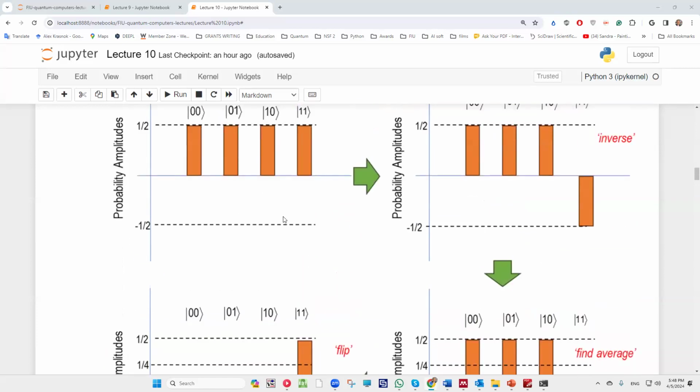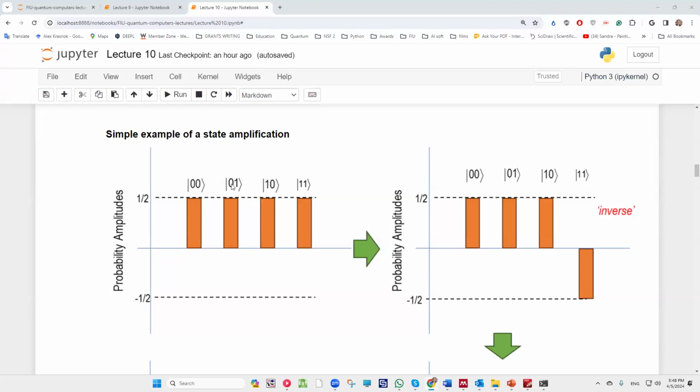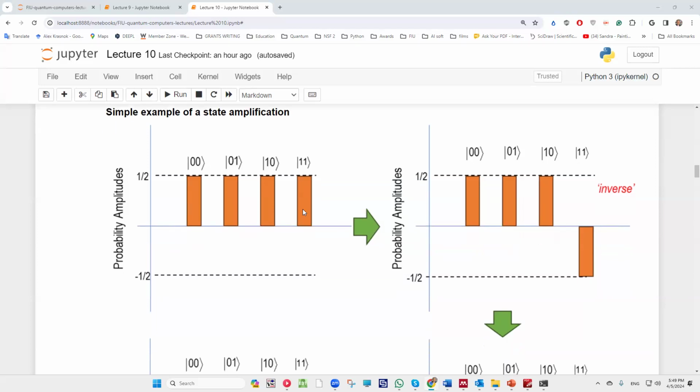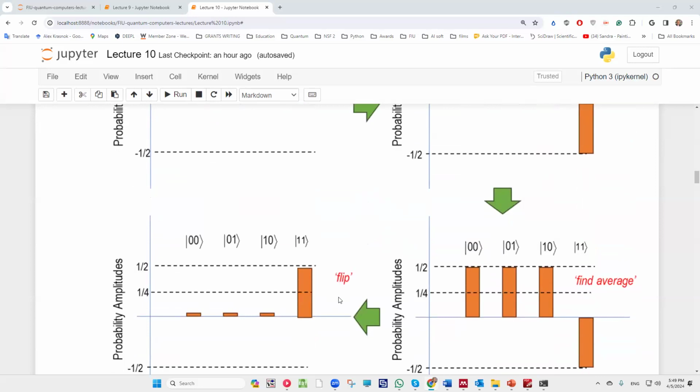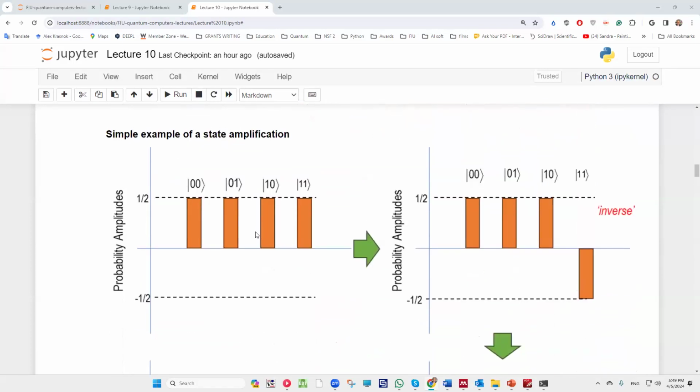Effectively, it means that we create a perfectly balanced superposition from 2 qubits. So we have 4 possibilities in the beginning, and then we work with all 4 components simultaneously, and then we get the result. Now imagine if we have a system of 3 qubits, for example.